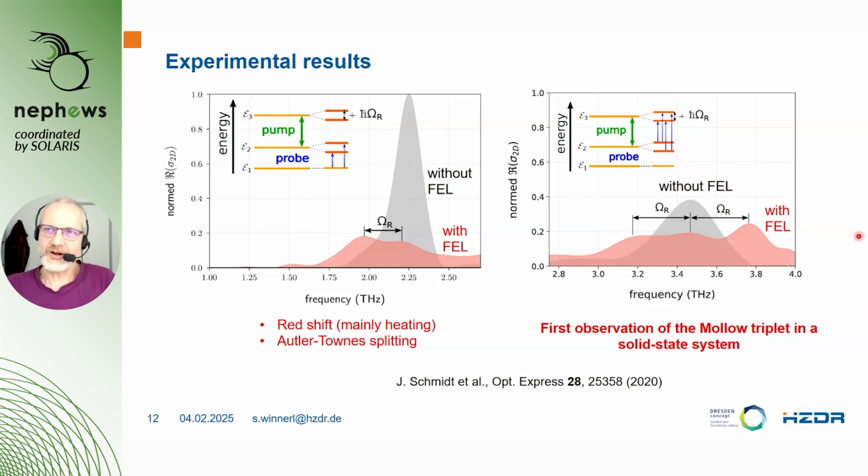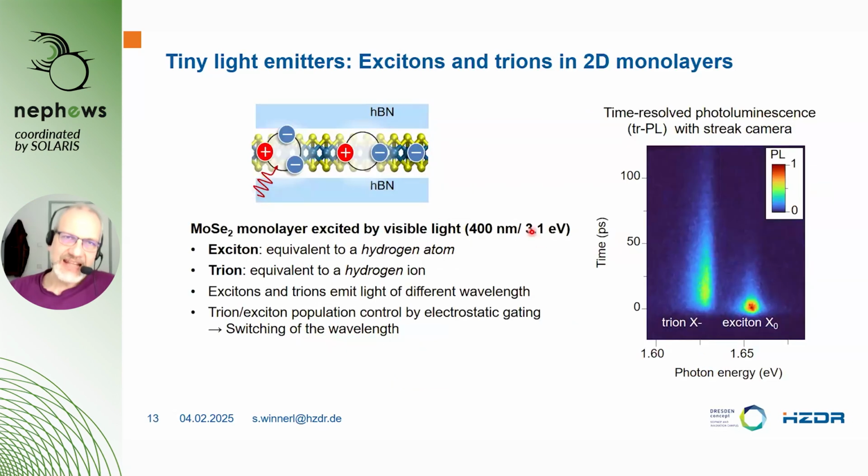You see the lines are rather broad, they merge together, but it shows you this technique, the broadband probing, and the type of physics we can look at, the really non-perturbative nonlinear optics.